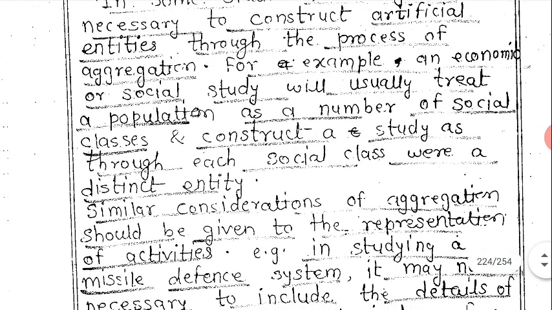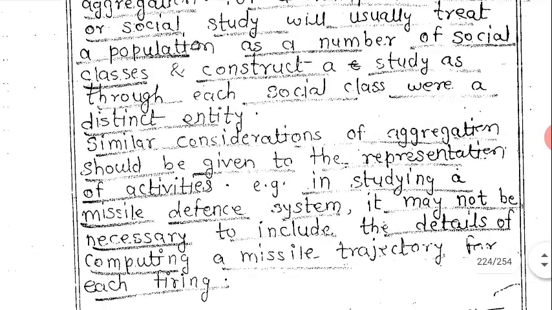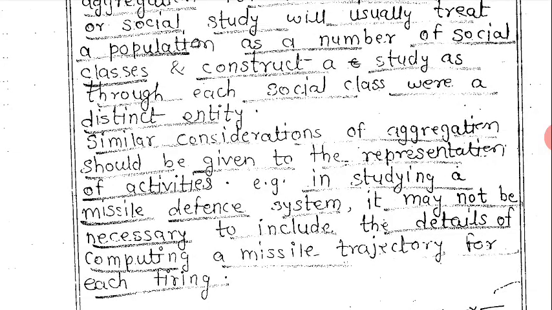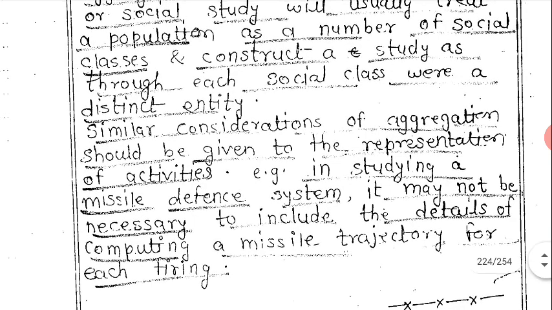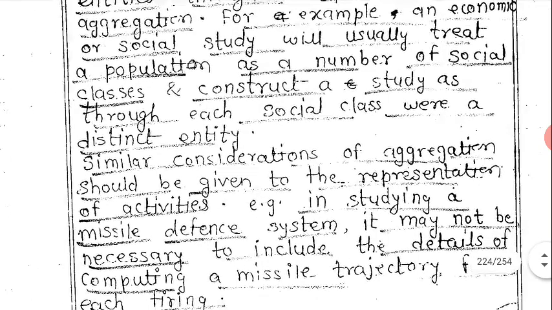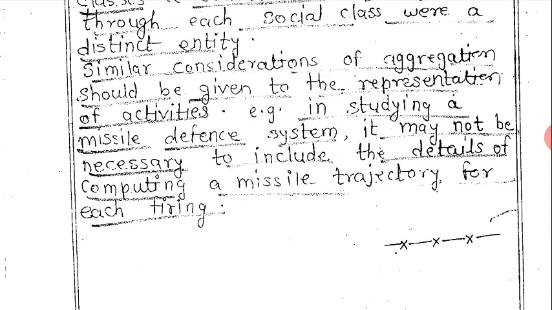For example, an economic or social study will usually treat a population as a number of social classes and construct the study of each social class as a distinct study entity. So each social class is taken as an entity in the population, and instead of that we aggregate to form the population as a single entity. Similar consideration of aggregation should be given in the representation of activities.